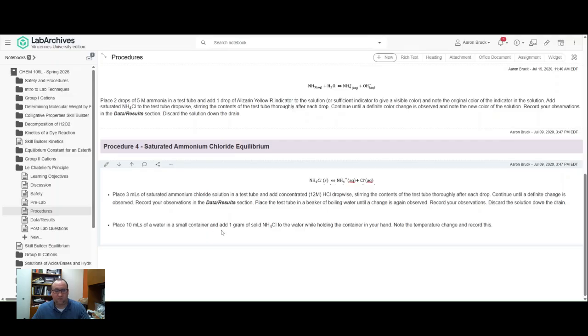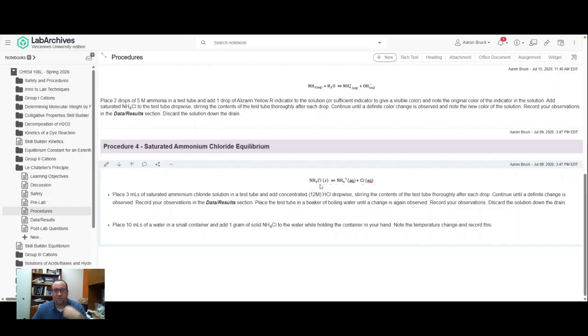Then the last part here is we're going to do a thermodynamic kind of study. Determine if this is an exothermic reaction or an endothermic reaction based on how this stuff feels when we dissolve it in water. Does it feel warm, like it's releasing energy? Or does it feel cold, like it's bringing energy in?